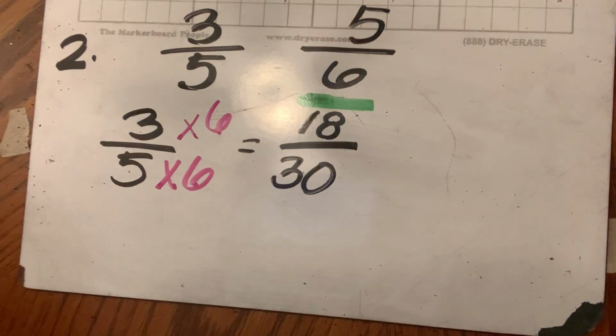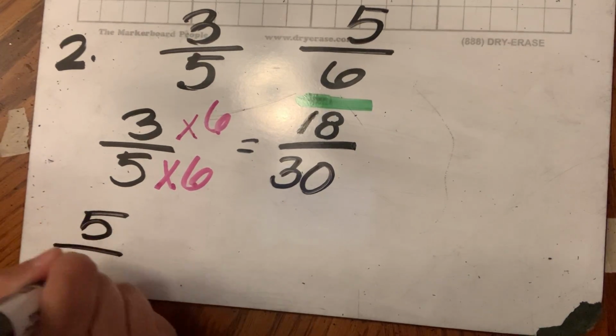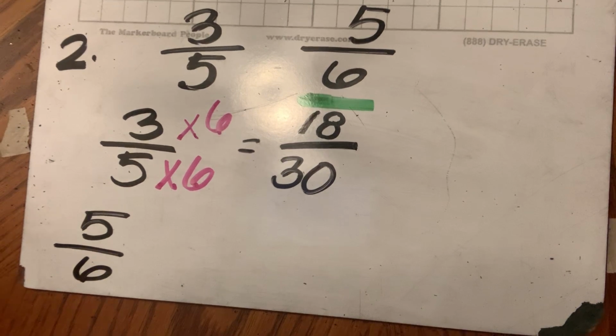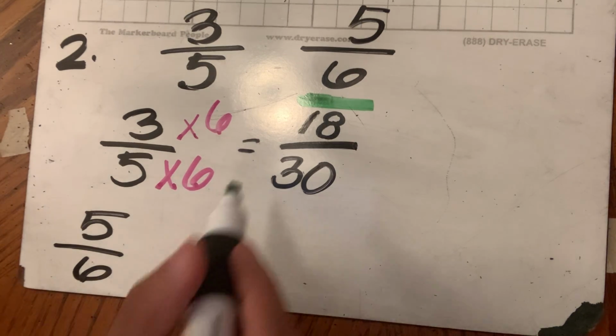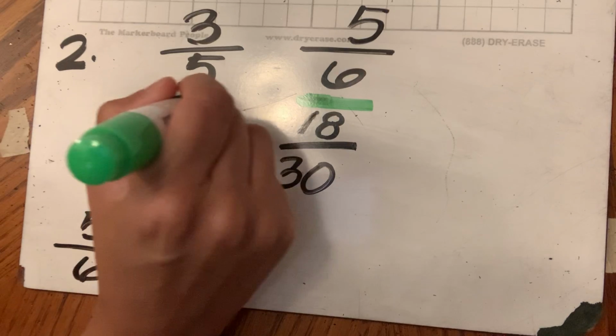Now let's see what we can do with the 5/6. Now I'm going to take my 5/6 and I'm going to multiply. What am I going to multiply by, boys and girls? Well, remember, we're going to look at the denominator of the other fraction. So that means I'm going to look at this one, right?